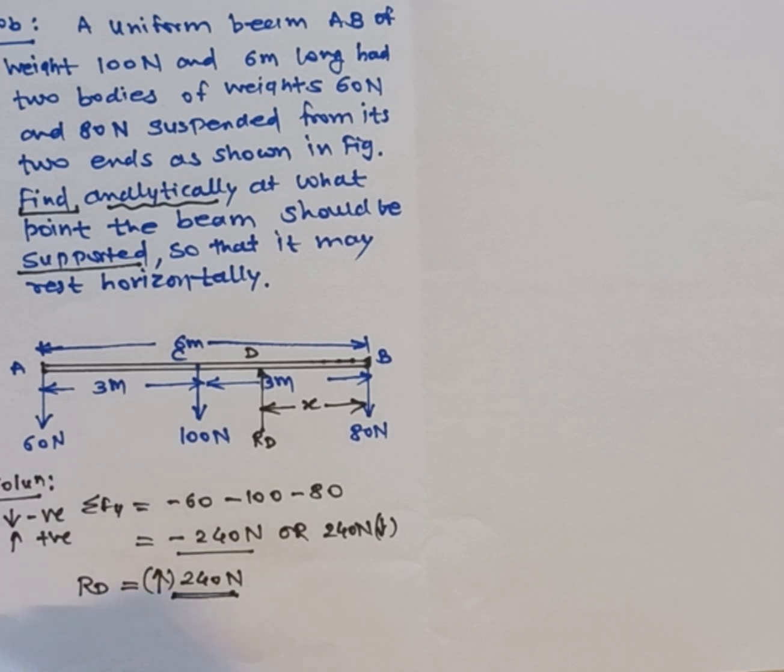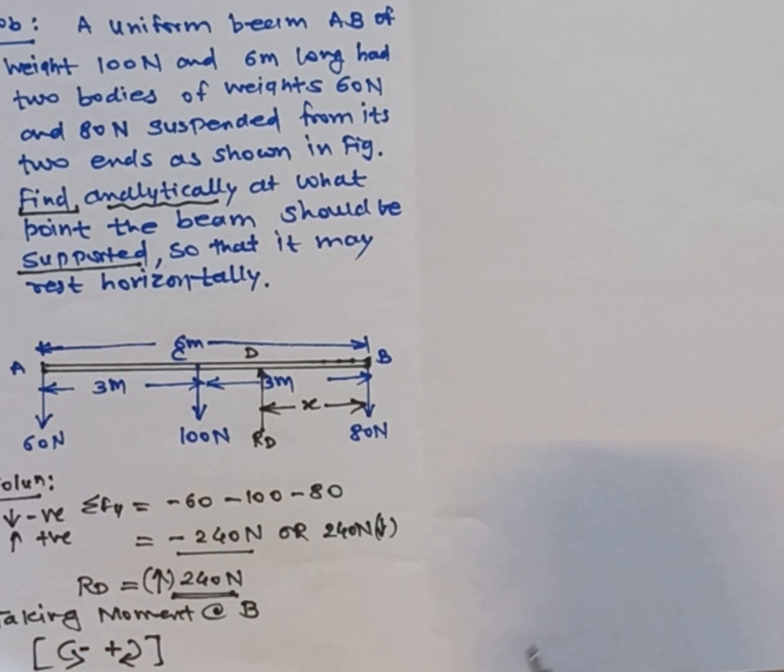Now taking moment about point B using the principle of moment, right? We will get it with the usual sign again. So I generally follow clockwise as positive and anti-clockwise as negative. So let us take moment about point B, right?